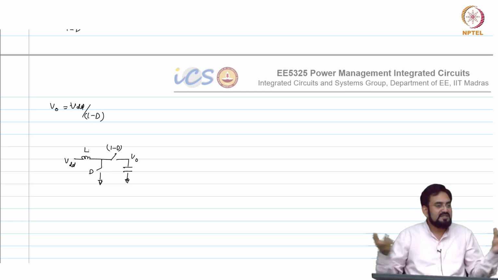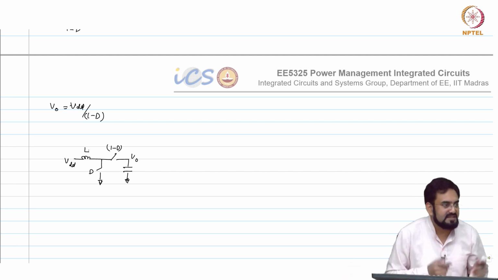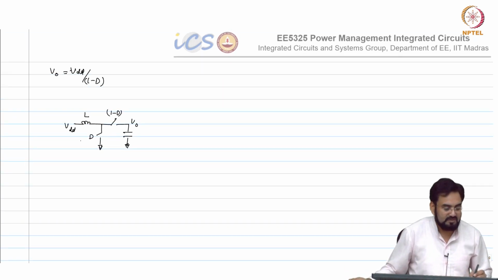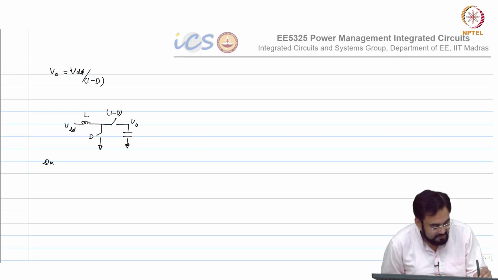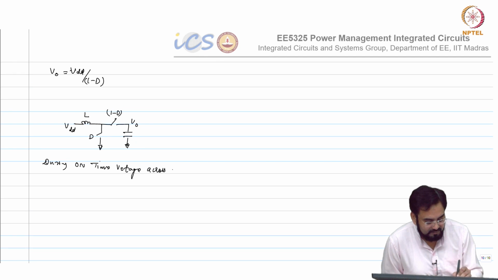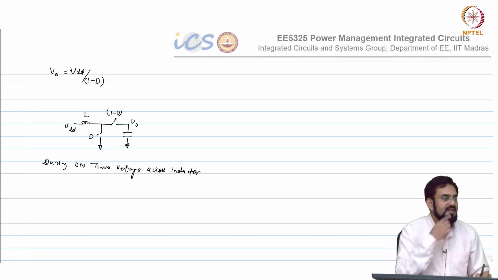You guys remember volt second balance? Okay. So in one cycle, average voltage across the inductor should be 0. So during on time, what is the voltage?